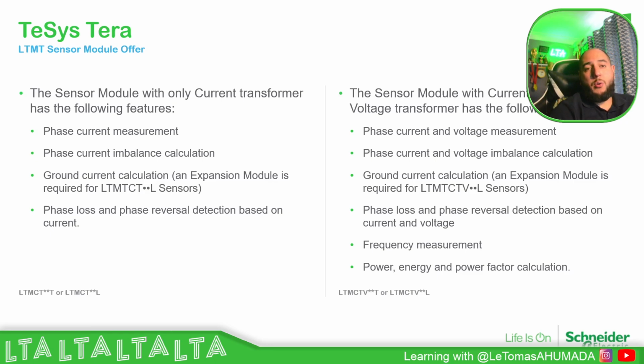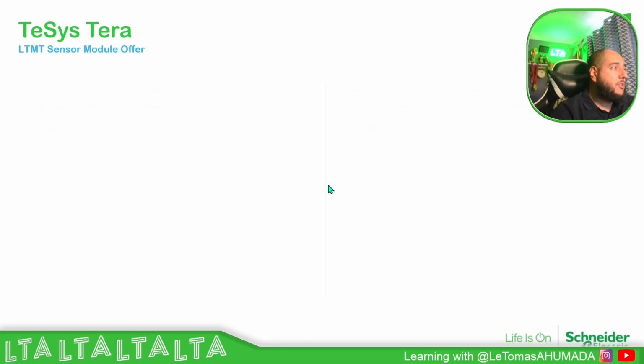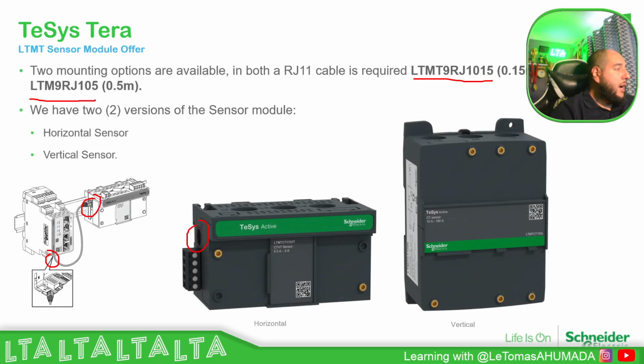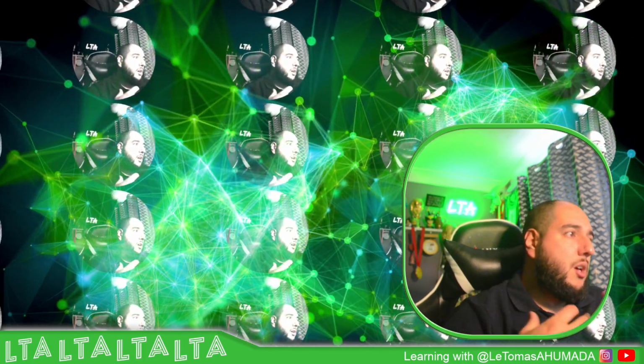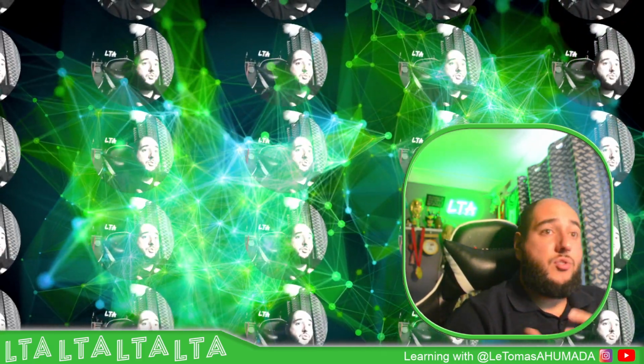And then how are we going to connect it? How are we going to mount it? If we want the voltage, if we want it to be horizontal or vertical, and also how is the connection with the main controlling unit. Those are the things that we need to double check on this part. So this is the sensor module offer that we have for the TeSys Tera.